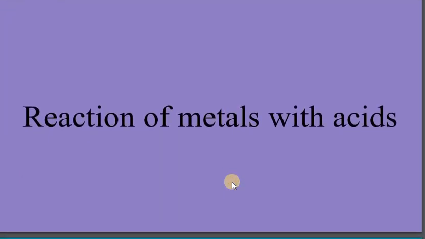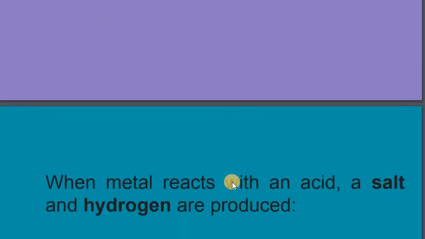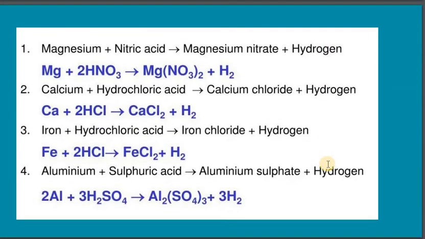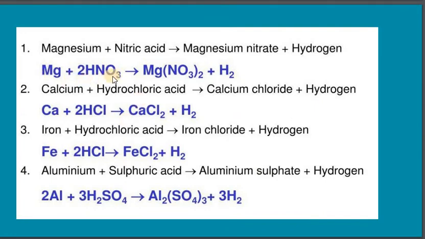Now we'll see reaction of metals with acids. When metals react with acids, a salt and hydrogen are produced. So metal reacts with acid and they form salt and release hydrogen. So magnesium reacts with nitric acid and forms magnesium nitrate.